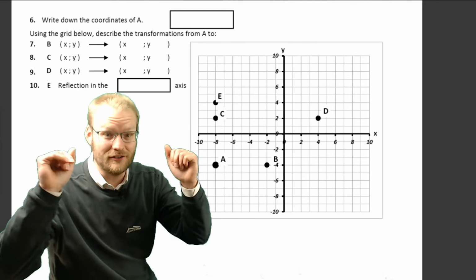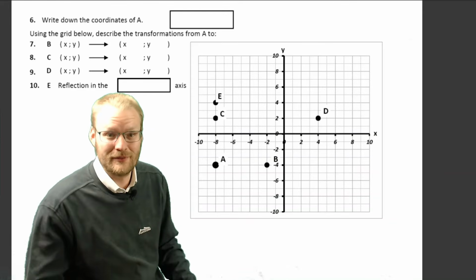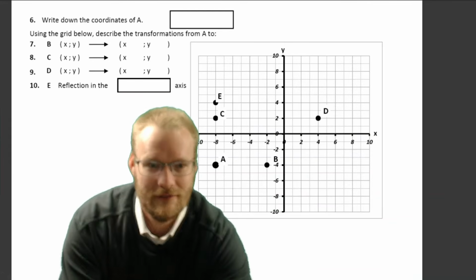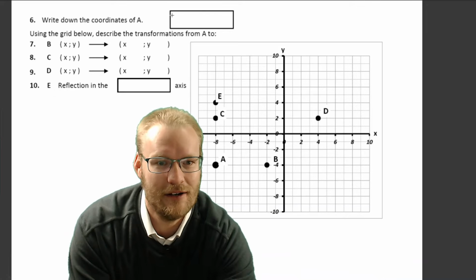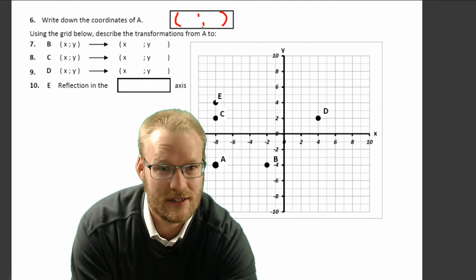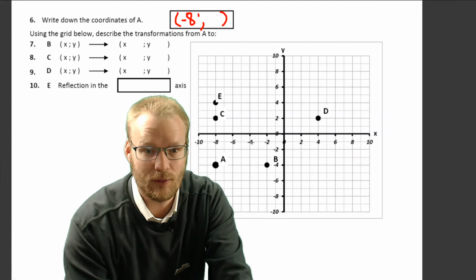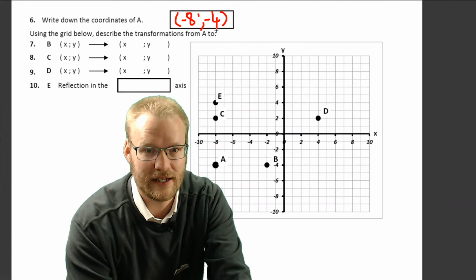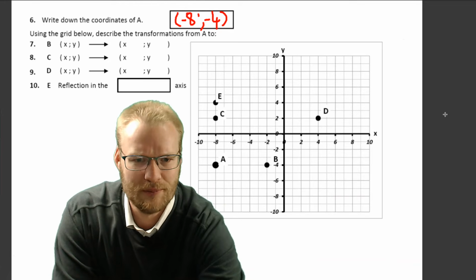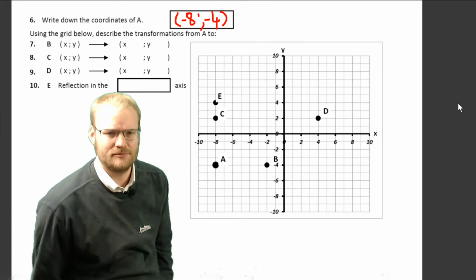Remember your brackets if you didn't last time, and the semicolon. Cool. So I'm going to fill that in. It goes in brackets, semicolon in between. The x value is -8 and the y value is -4. Always x, y. Alphabetical order, x-axis, then y-axis.